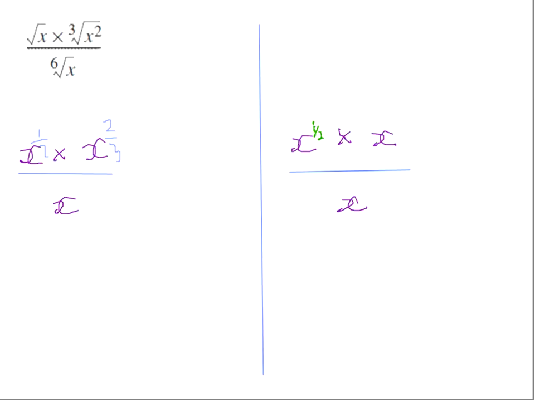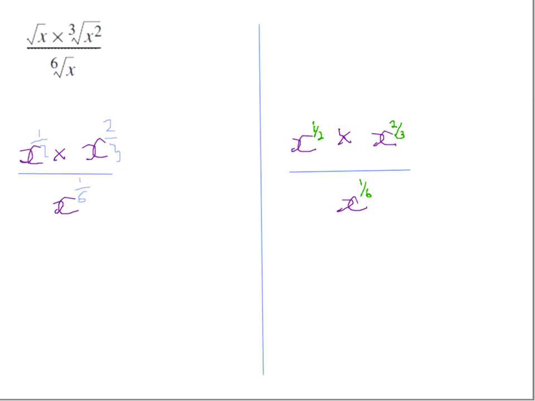What about the next one? That's 2 over 3. Good. So the root symbol gives you the denominator. That's good, Shana. Well done. And 1/6. Excellent.